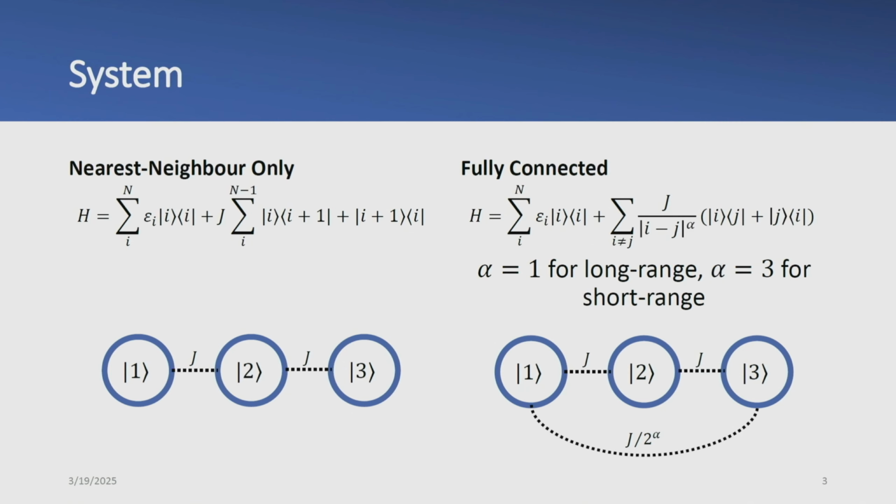And on the right, I'm thinking about a fully connected model where I can have hopping from any site to any other site, and the hopping strengths are given by a power law model. I'll talk about long-range and short-range coupling. When I say that, I mean alpha is going to be equal to 1 in this power law coupling model for long range, and equal to 3 for short range. These on-site energy splittings are the parameters I will be trying to optimize.